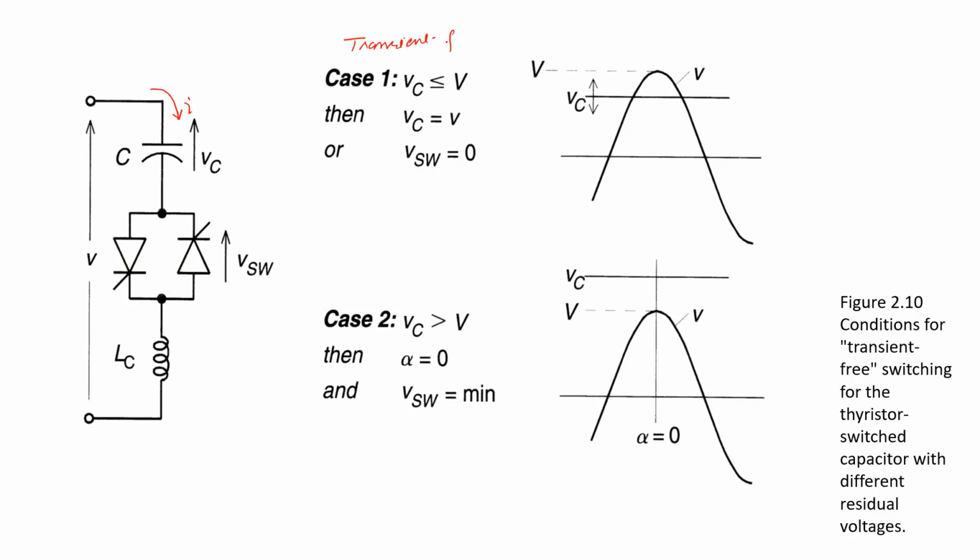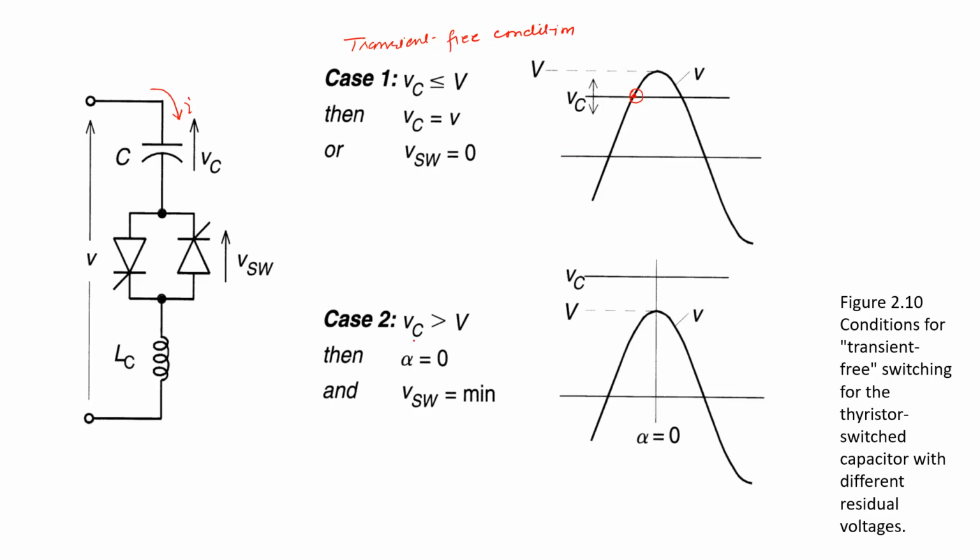Now this is the transient free condition. The condition is that the charged capacitor voltage is equal to the system voltage, or it may be less than the system voltage. This is our system voltage, and the right position to switch on the capacitor is the intersection. It will give transient free switching.